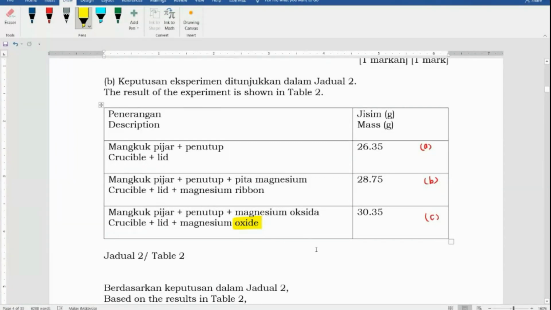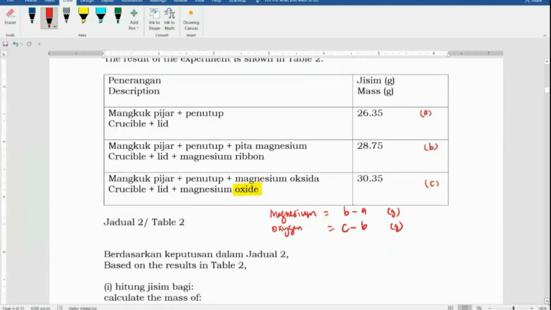So meaning that class, for this experiment, we need to find the mass for the magnesium, which is B minus A, then another one is the oxygen, which is C minus B. In grams. Okay, so from here you can calculate.